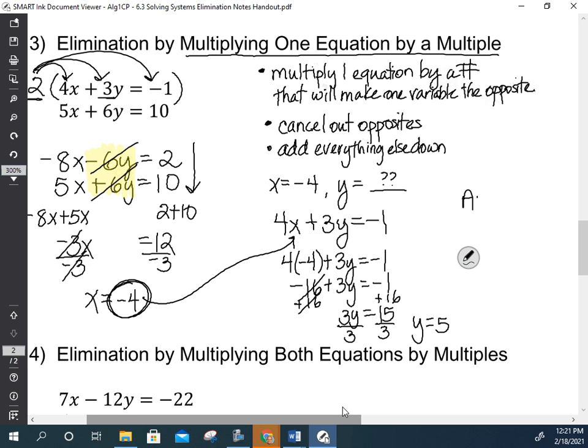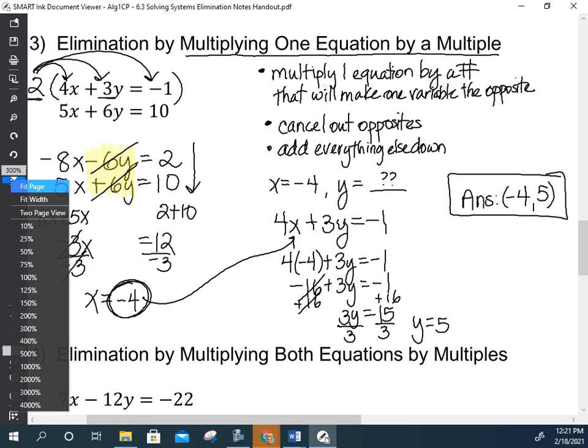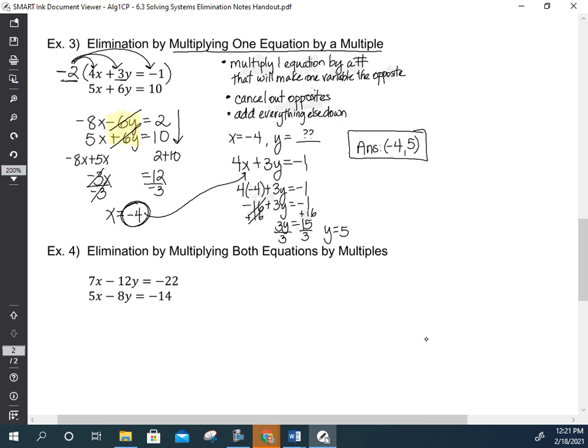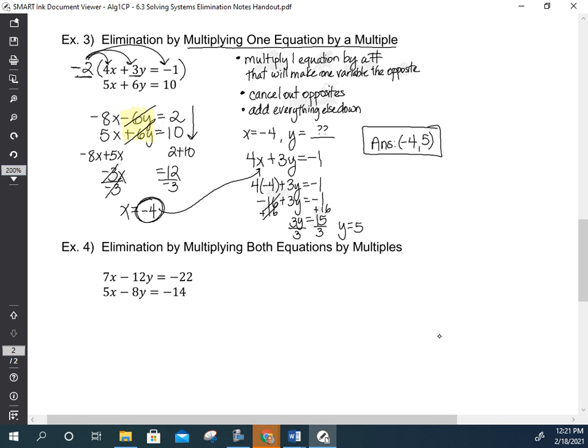So that means your answer is negative 4, comma 5. So, questions on example 3?